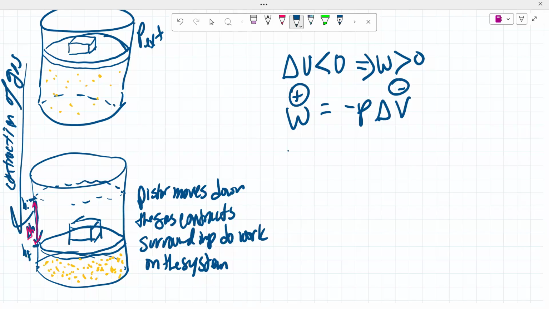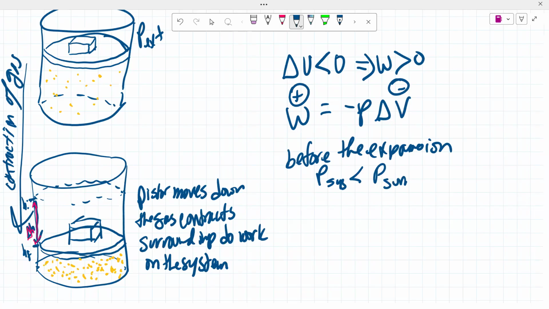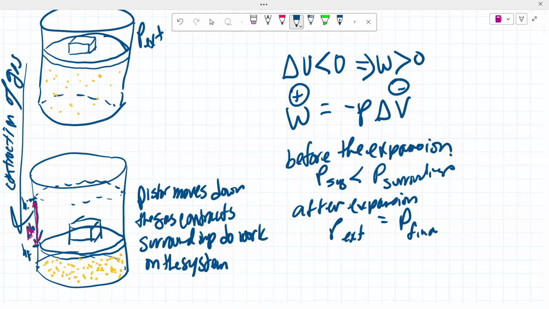So before the expansion, the pressure of the system is less than the pressure of the surroundings. After the expansion, the external pressure equals the final pressure.